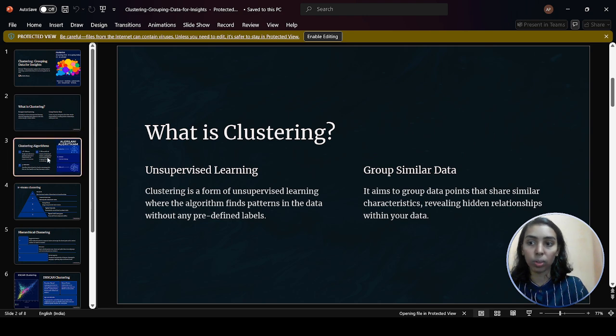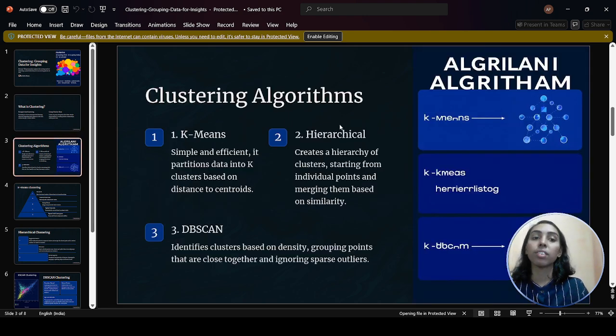So next we have clustering algorithms. Clustering has different algorithms. It has the k-means algorithm. It is simple and efficient. It partitions data into k clusters based on distance to centroids.